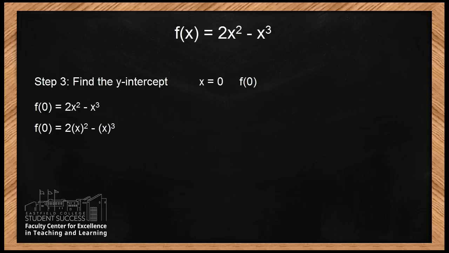Substitute 0 for every x in the problem: 2 times 0 squared minus 0 cubed. Let's simplify, and we will get 0 for the function. This means that when x was 0, y is 0. That's our origin.